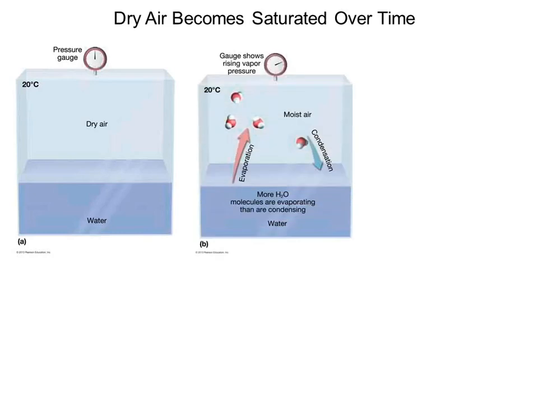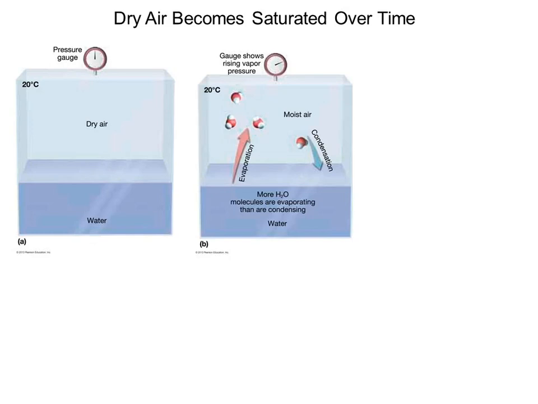Given a little bit of time, we see both evaporation and condensation, but which is doing more, evaporation or condensation there? Evaporation. More evaporation than condensation. Is it at equilibrium? No. Is it saturated? Not yet. Oh, by the way, check out the pressure gauge.